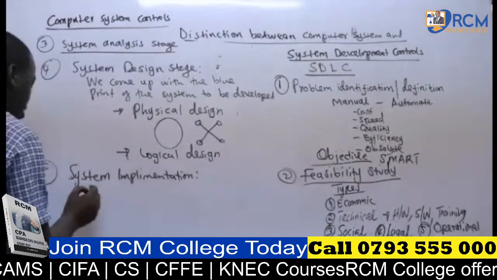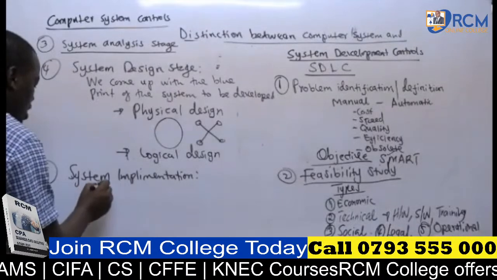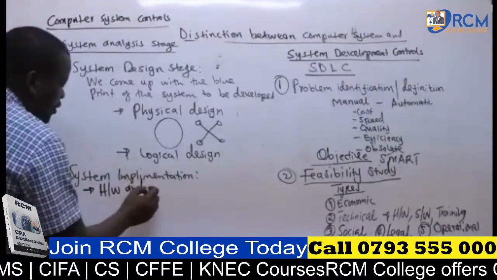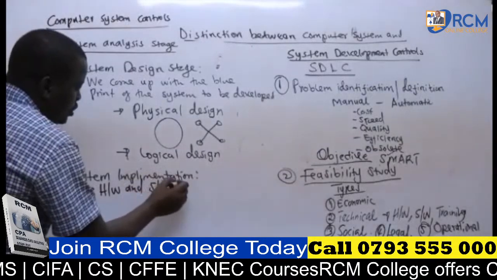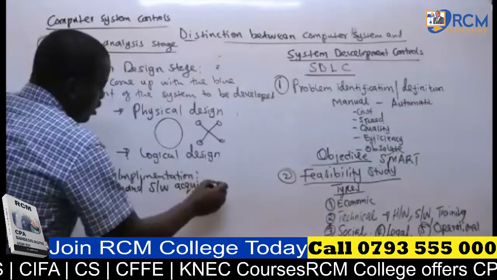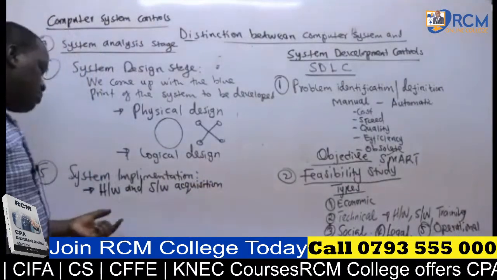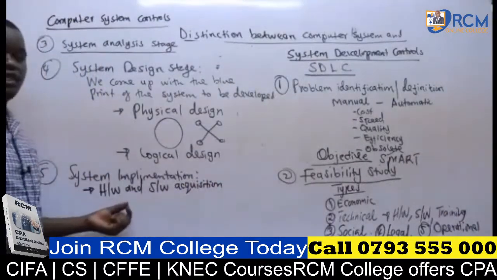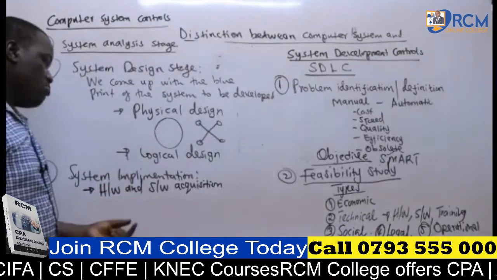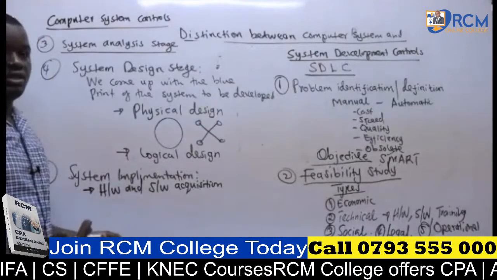One, you have to consider the hardware and software acquisition. There are factors that the firm will have to consider whenever they want to acquire the hardware and also the software to be used in the system.